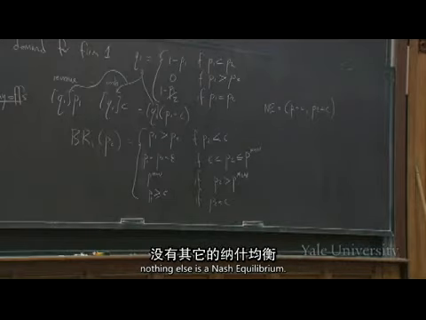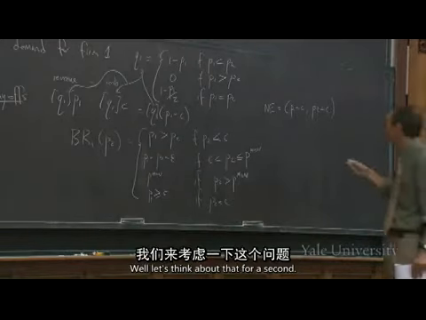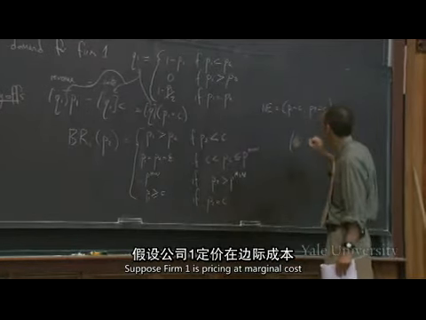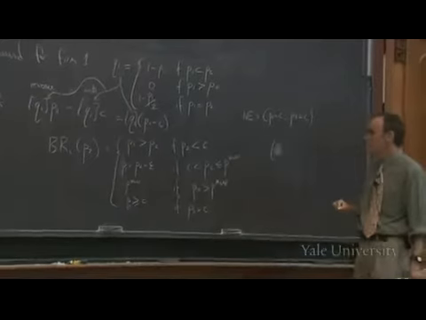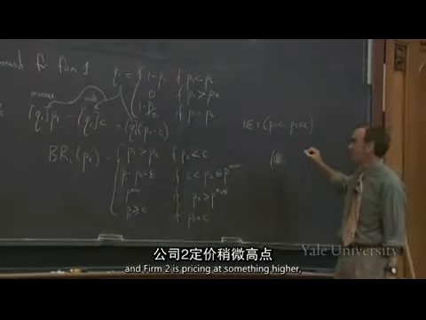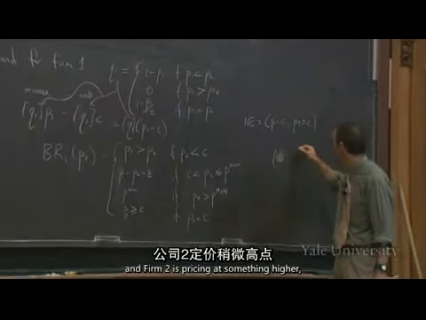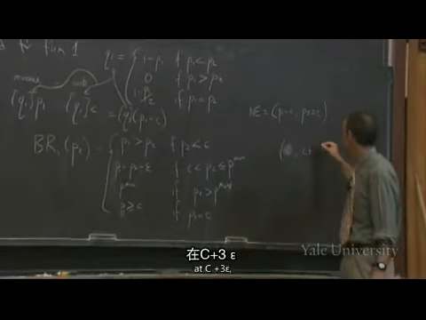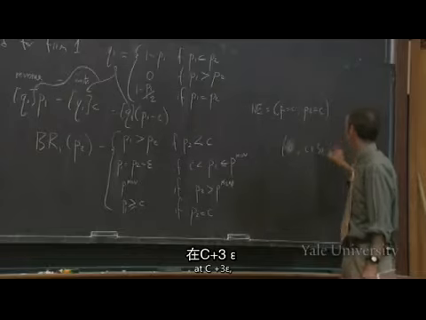Well, let's think about that for a second. Suppose firm 1 is pricing at marginal cost, and firm 2 is pricing at something higher, at C plus, I don't know, 3 epsilon, a little bit higher.